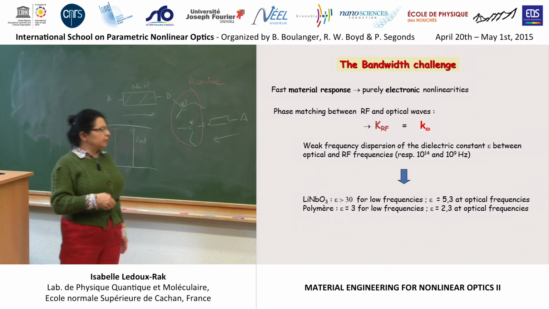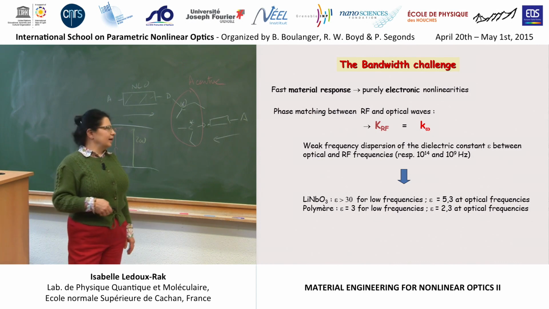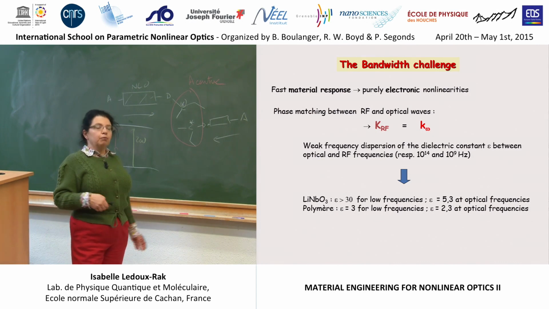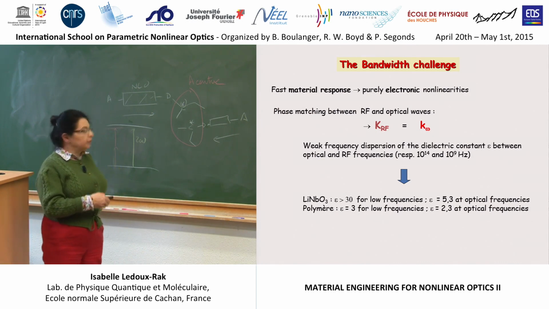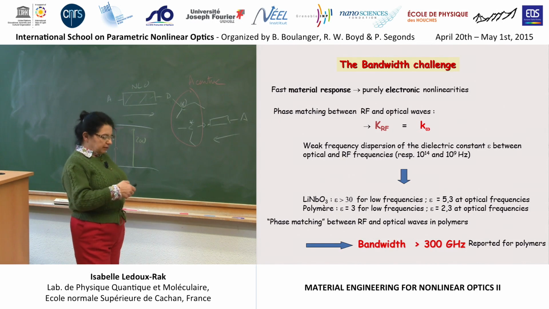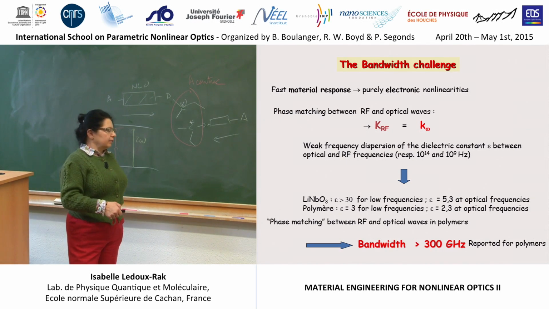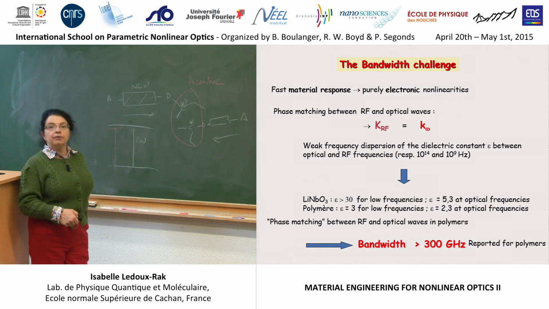Polymers are purely electronic, because it's a molecular assembly with very weak interaction between molecules. And this phase matching allows for very wide bandwidth operation, and people have found a bandwidth which is higher than 300 gigahertz for polymers.